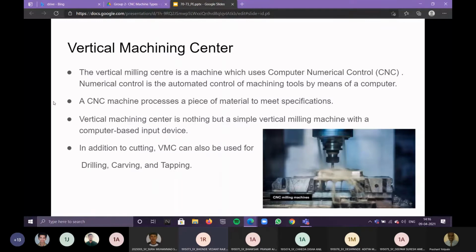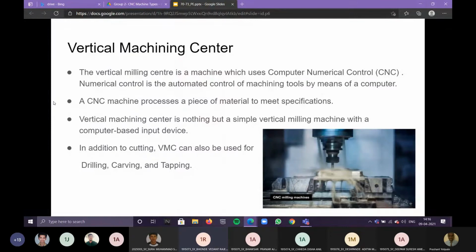Vertical machining center. It is a milling machine which uses CNC, that is computer numerical control. Numerical control is the automated control of machining tools by means of a computer.